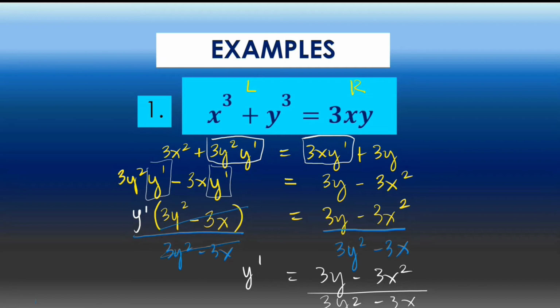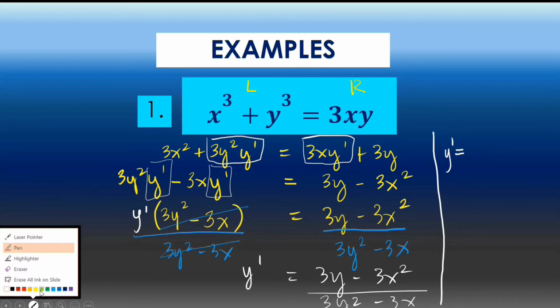Okay, but then this is not yet the final answer because as what you can see on the right side, we do have 3 on all terms. So possibly we can cancel the 3. But before you cancel the 3, please make sure that you factor first. So we have y prime equals.